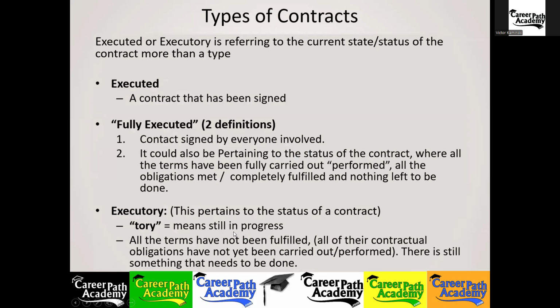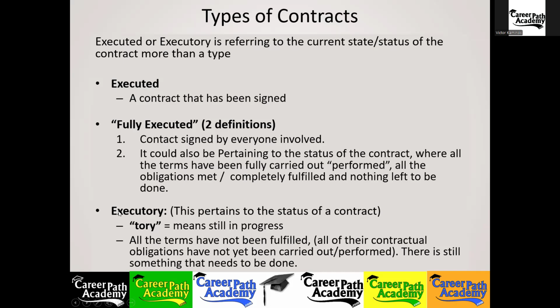And contracts can be executed. When we talk about executed contracts, we're usually talking about whether they were signed or not. So an executed contract is one that's been signed. A fully executed contract is one that's been signed by everybody. But fully executed could have two meanings. The alternate meaning could be, if a contract's been fully executed, it could mean that all the terms of that contract have been fully performed and carried out, and there's nothing left to be done.